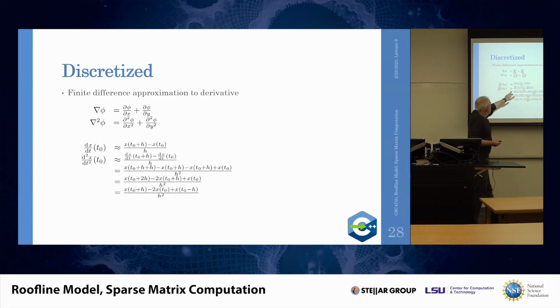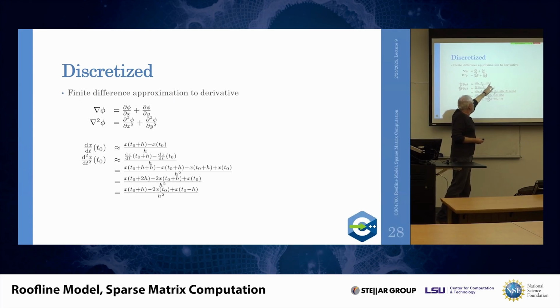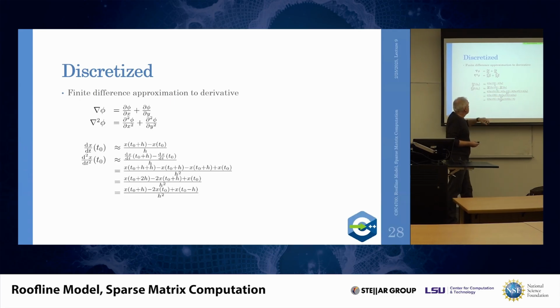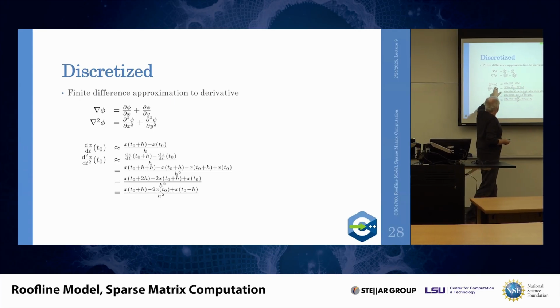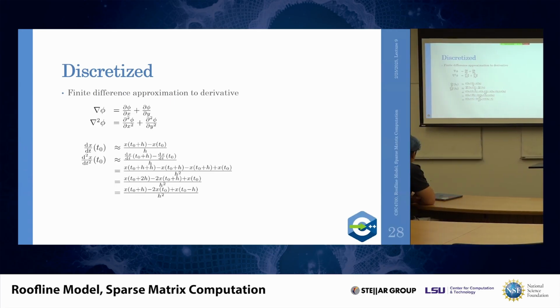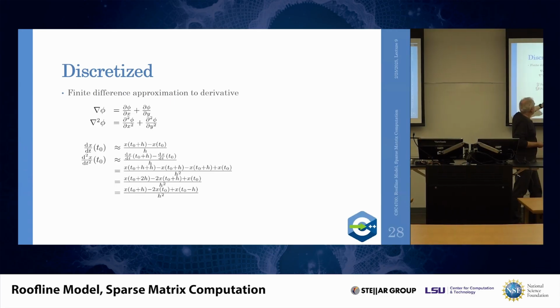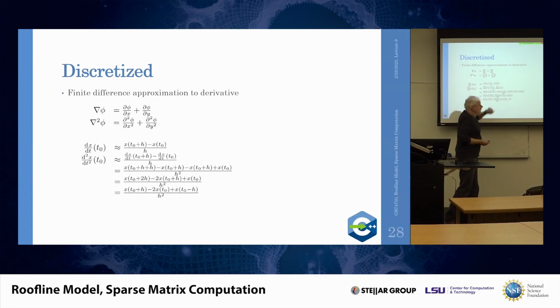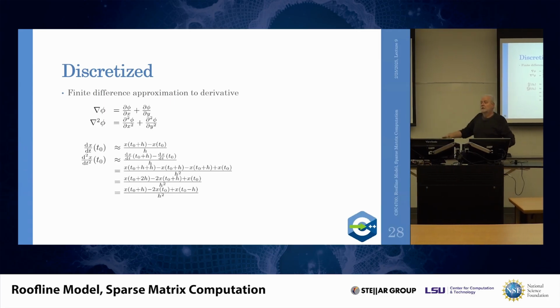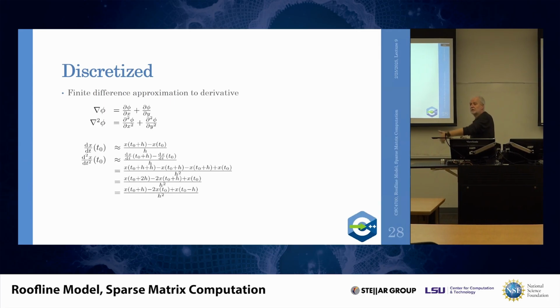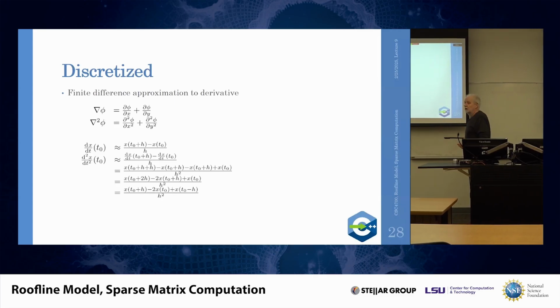If we have a function x which changes over time t, then the derivative of that function over time can be approximated by taking the value at time plus some delta, minus the current value, divided by the delta.